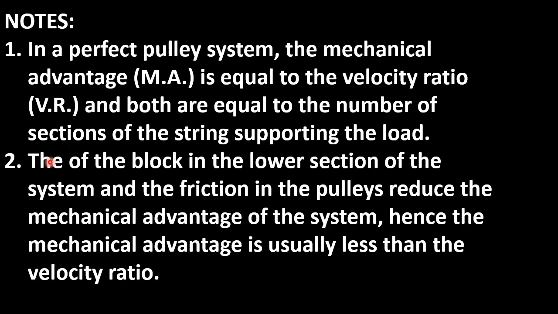All right. Also note that the weight of the block is supposed to be the weight of the block in the lower section of the system, and the friction in the pulleys reduces the mechanical advantage of the machine.